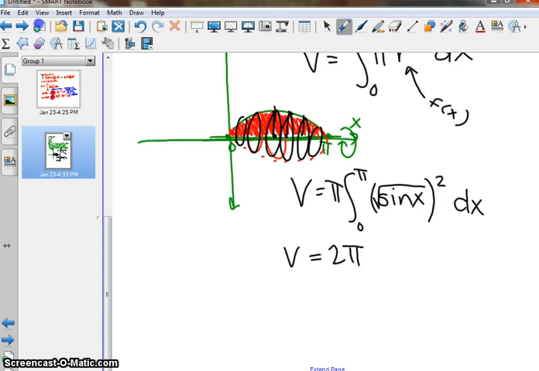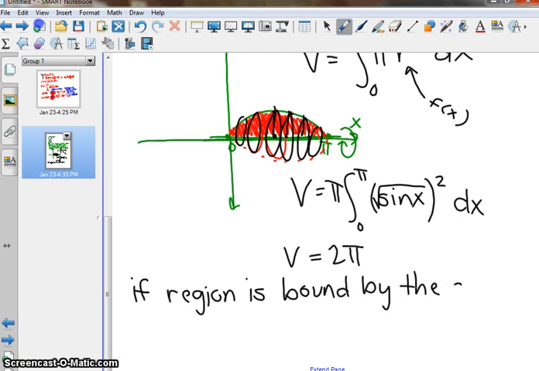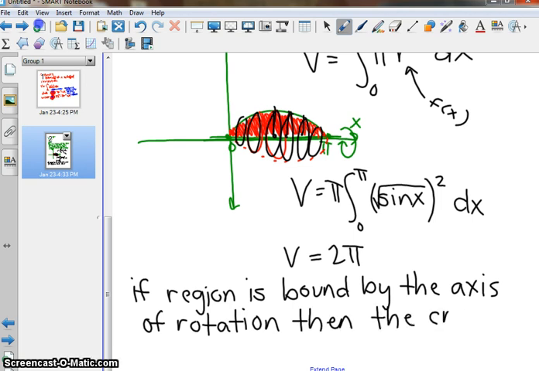If it is bound by the axis of rotation, then it will be a disk. A cross section.